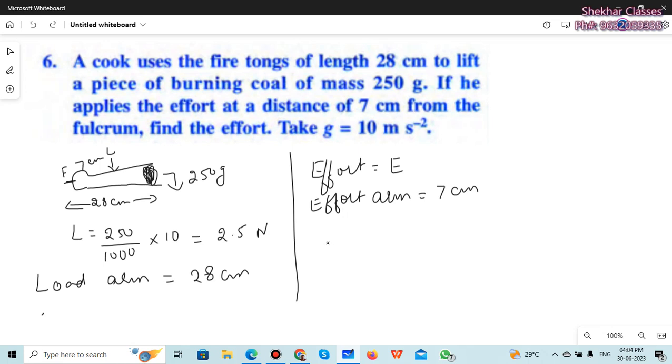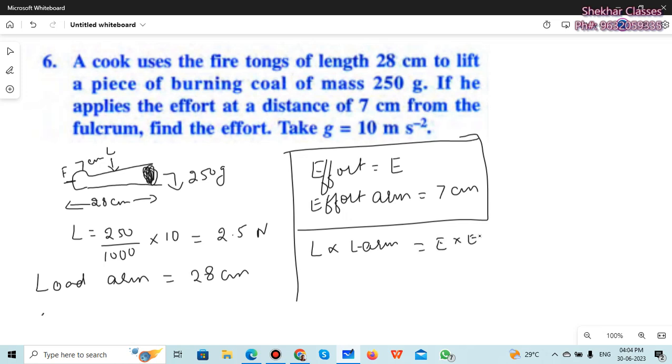Now, by the principle of moments, at equilibrium, load into load arm is equal to effort into effort arm.